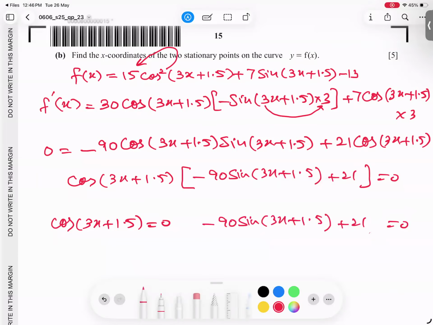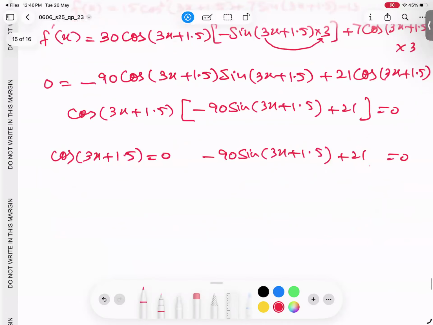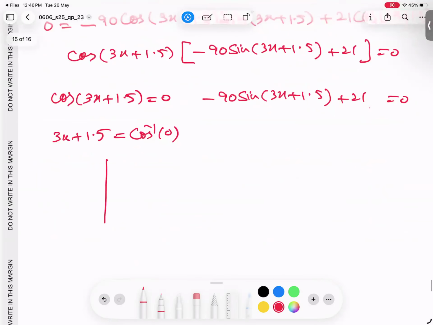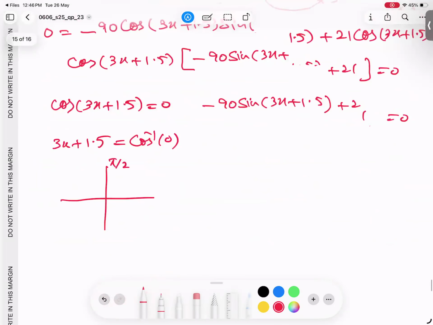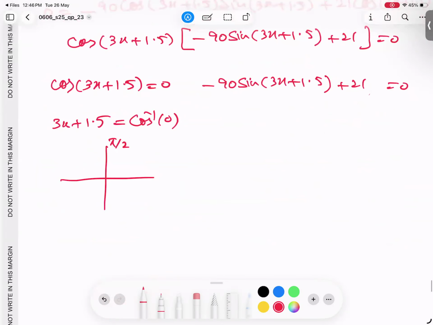Okay. Now, students, this is a cos inverse. So 3x plus 1.5 is cos inverse of 0. And you must know where cos is 0. Above and below. So pi by 2, check it is radian mode, radian mode, because in the previous part he mentioned it himself. So pi by 2 and 3 pi by 2.